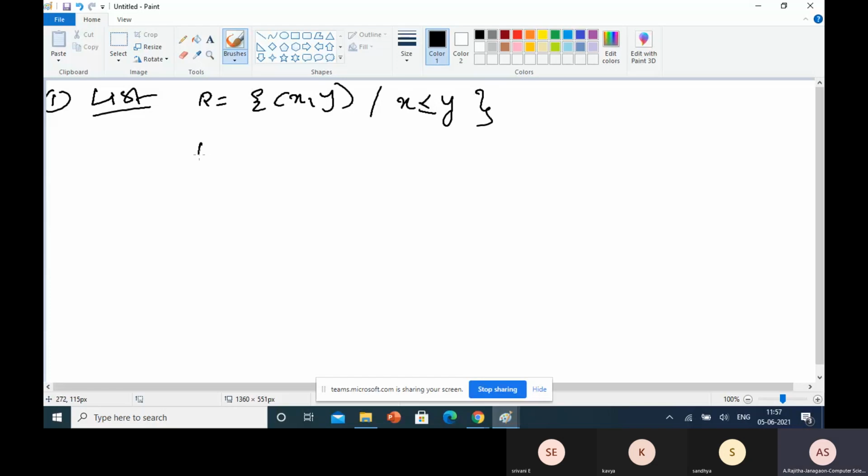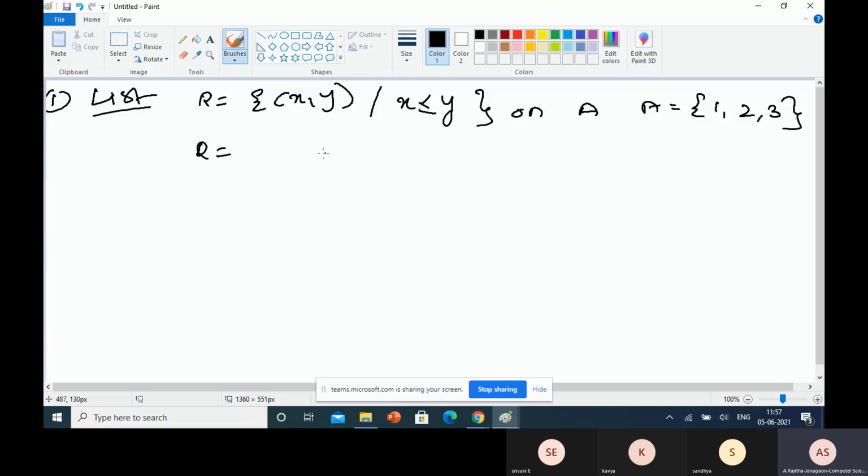Now that is on A. So here A equal to what? 1, 2, 3 only. Okay. So this is a set. Okay. A is a set of elements 1, 2, 3. So this is the relation on this set A. That is x less than or equal to y.